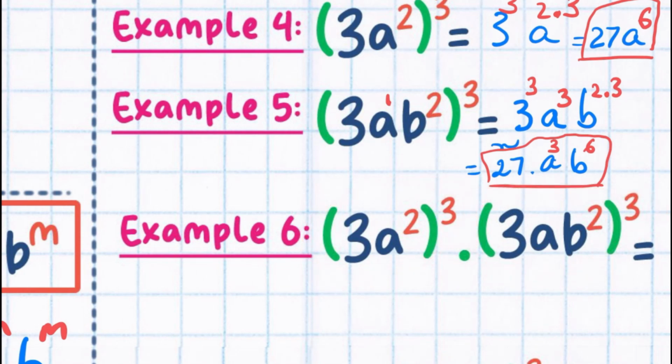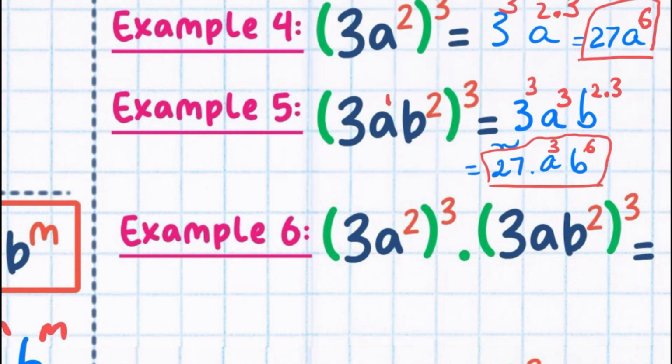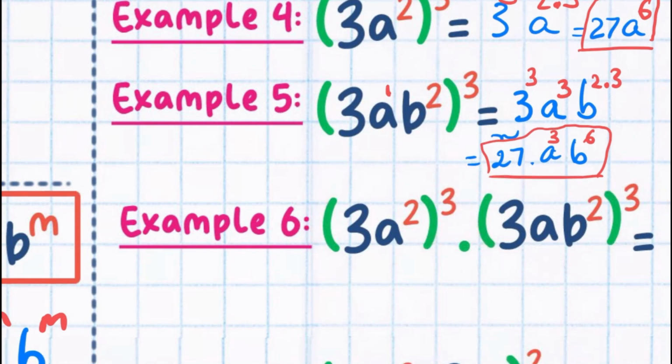Which means you are going to need the product of powers rule. The good news is we already have the answer of this in example 4, and we have the answer of this in example 5. It's like your PEMDAS. You want to take care of the parentheses and exponents first, and then the multiplication later.